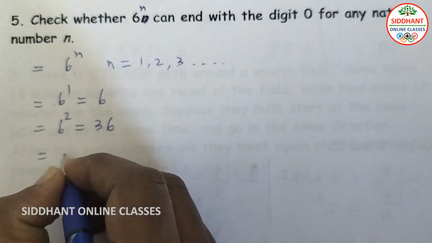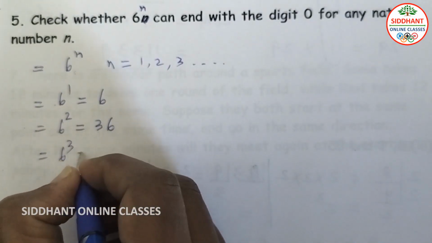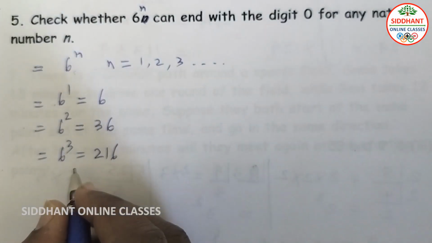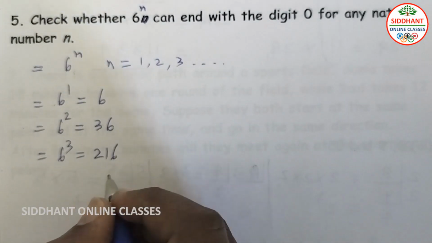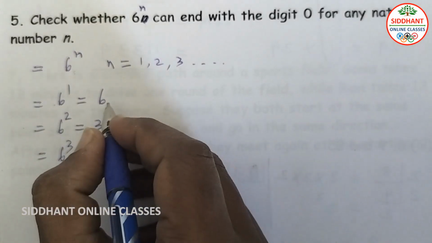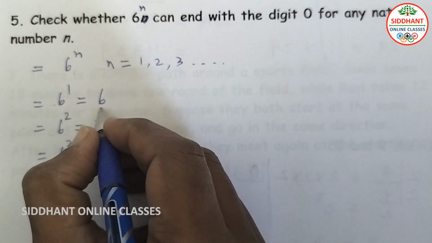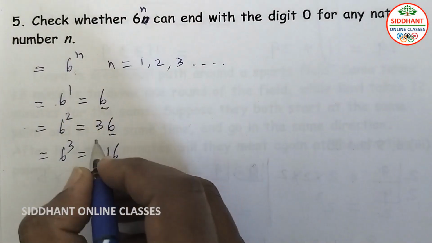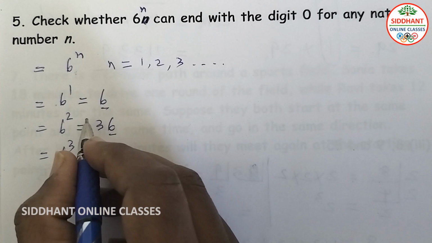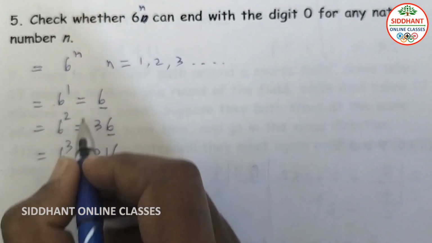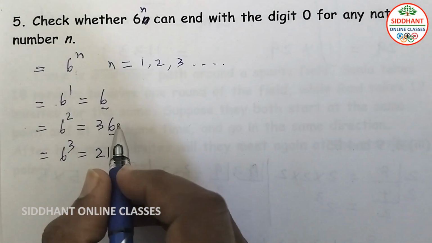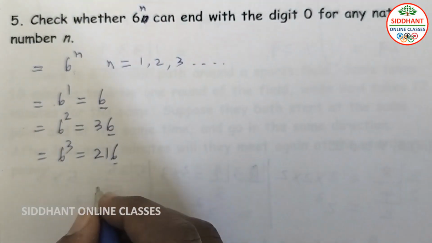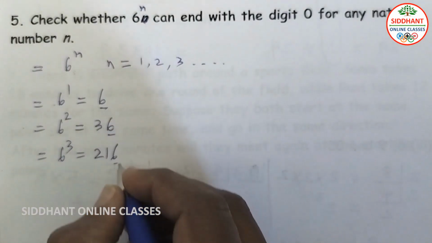And if it is 6 to the power of 3, the answer will be 216. In this way, the last digit ends with 6. So when we put a natural number in place of n, the last digit will not be 0.